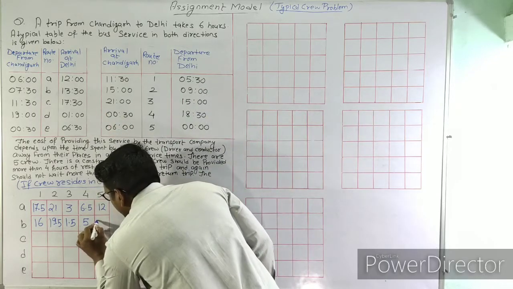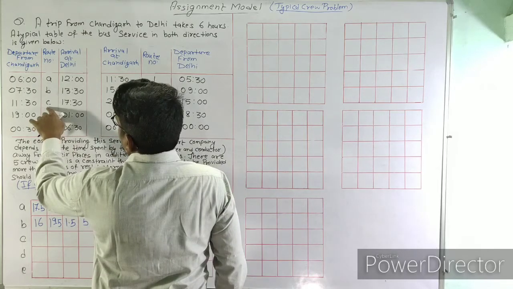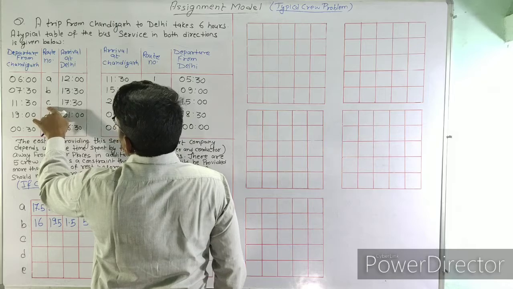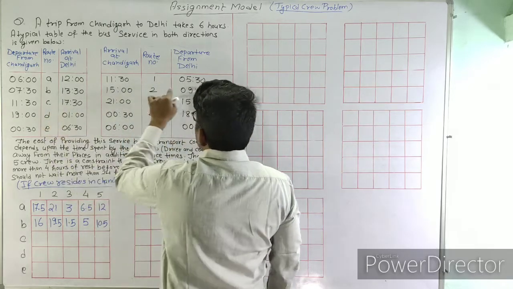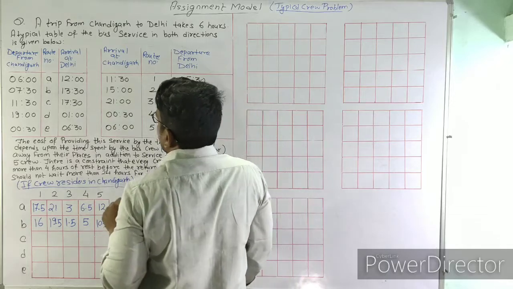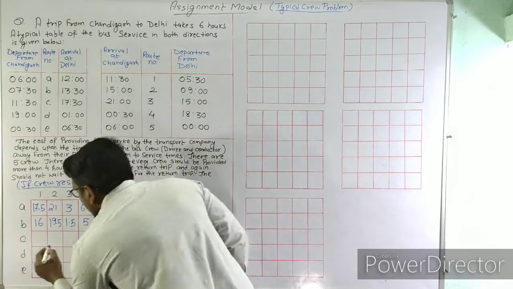So this is 10.5. Now if a crew arrives with route C and departs from route A, this is 17:30, this is 5:30. So it is 12 hours.